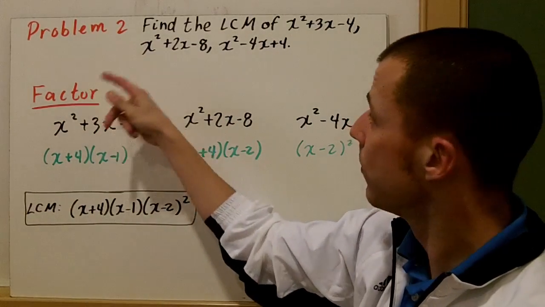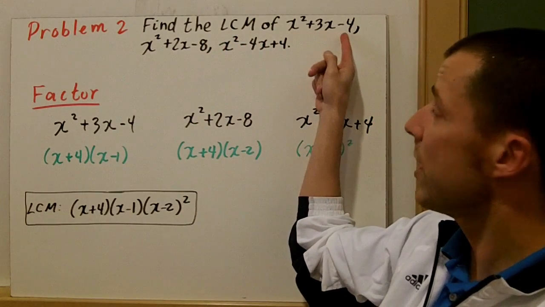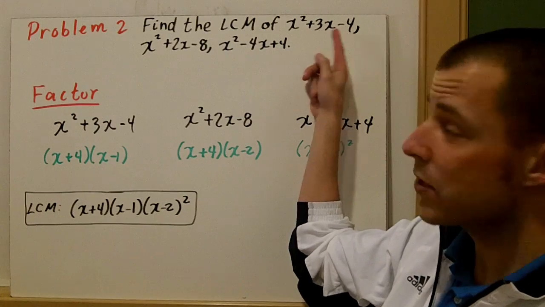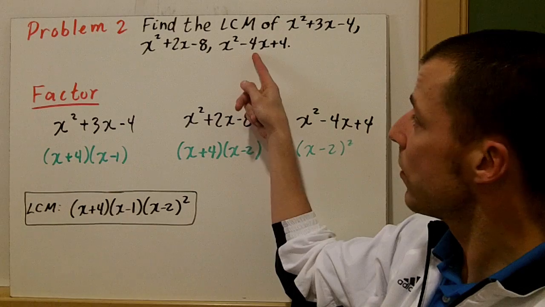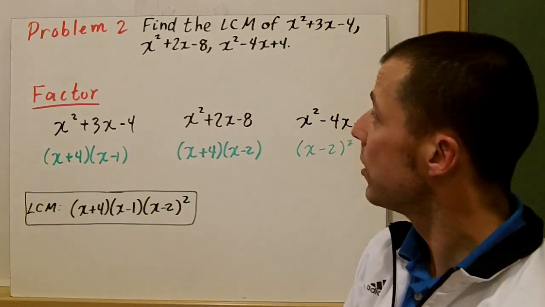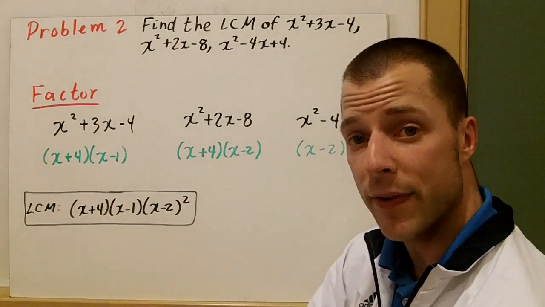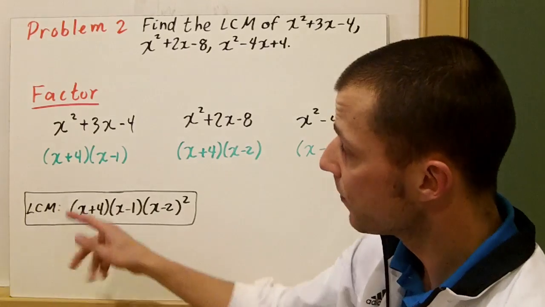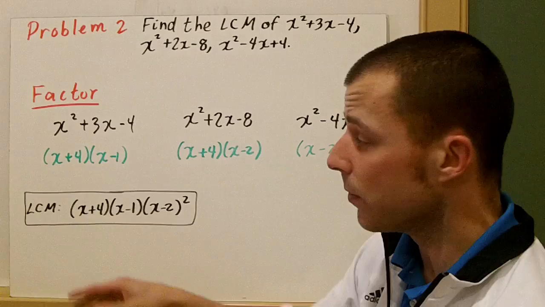So problem number 2. We're going to find the LCM of three terms this time: x squared plus 3x minus 4, x squared plus 2x minus 8, and x squared minus 4x plus 4. So now there's three terms that we're looking at, and number 1, like we did in the last example, prime factorize what you can. All three quadratics, it just so happens, are factorable.